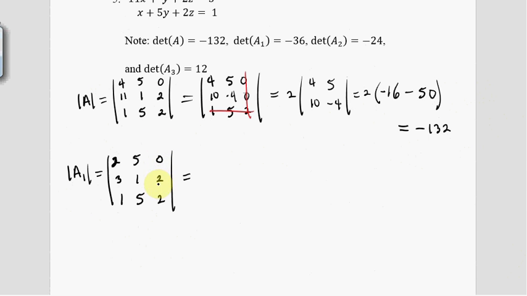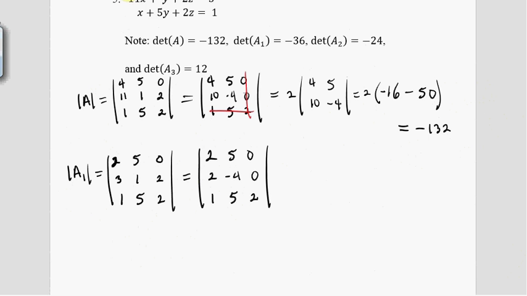I'm going to get rid of one of those 2's, so I'm going to say negative times row 3 plus row 2. You remember that property that when you're looking for the determinant, if you add a multiple of one row to another row, that does not change the determinant. So that's what I'm utilizing here.